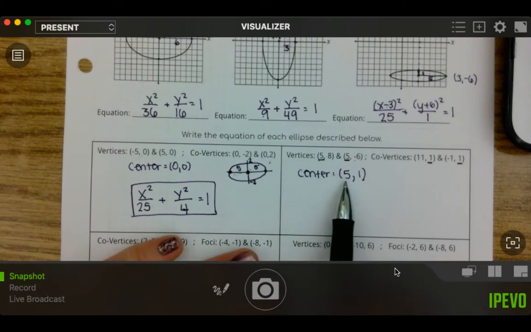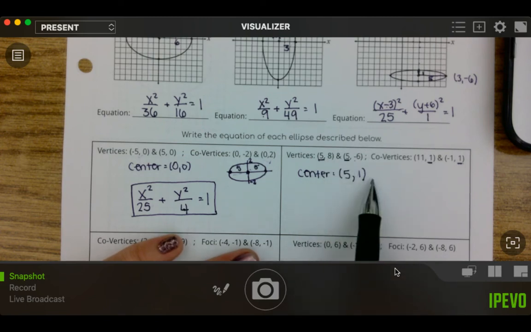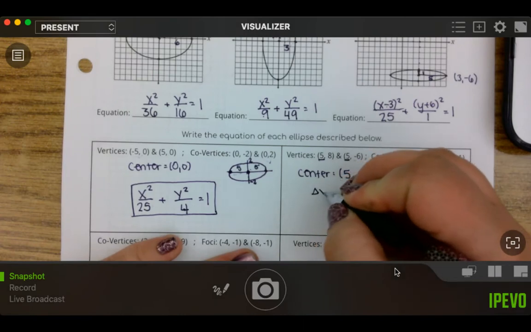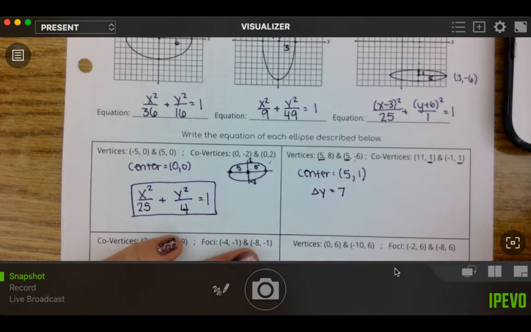Okay, now we have to find the distance between here and one of these points. So if you notice the x values are the same, the y values are different. What that means is we're adding 7 in between, or we're subtracting 7 in between. But the difference here, I'm going to call that delta y, is 7.